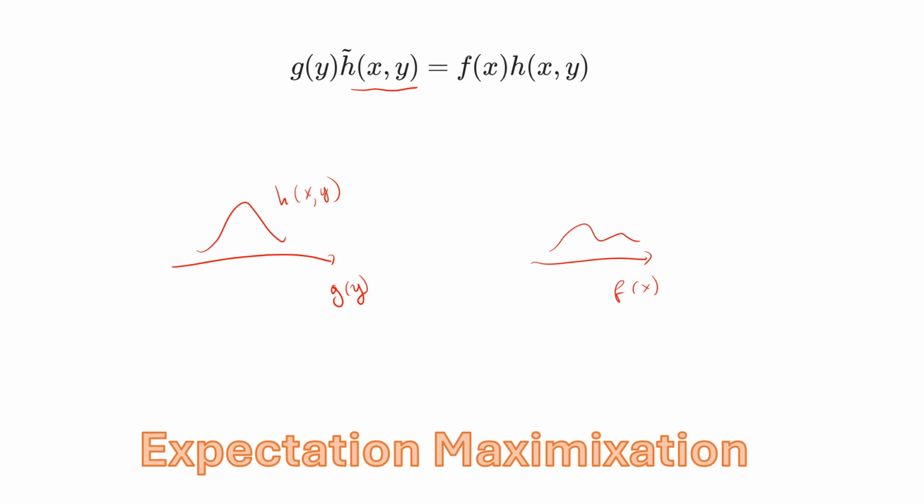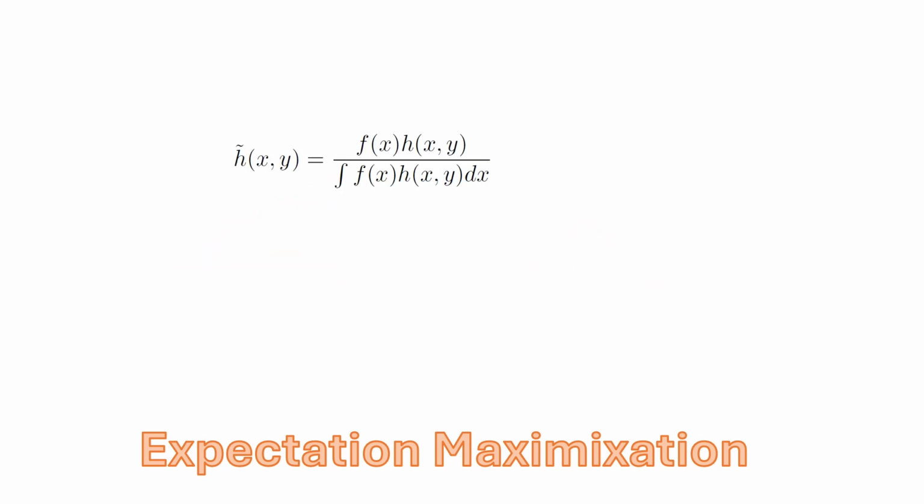By Bayes' theorem, treating these as distributions, we can say that g of y times this h tilde of xy is equal to f of x times h of x, y. Now, we can use Bayes' theorem to find this h tilde of xy. So h tilde of xy is equal to f of x, the distribution on x, times h of xy, divided by g of y.